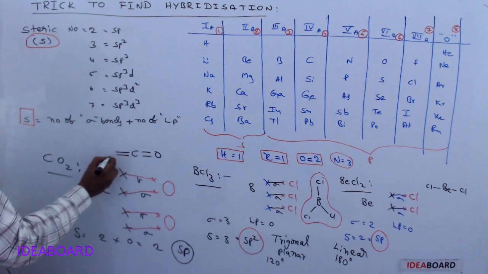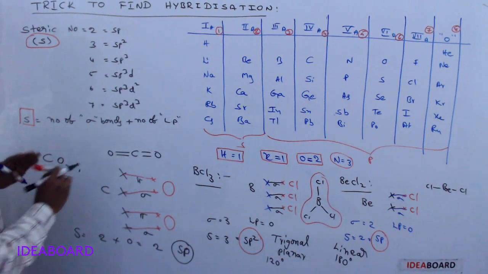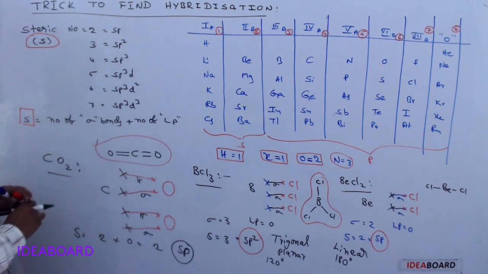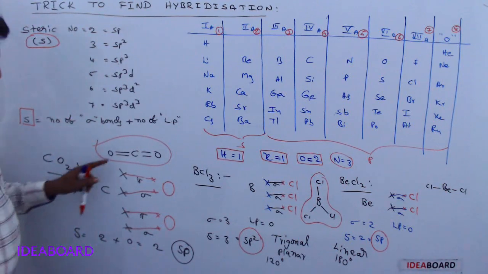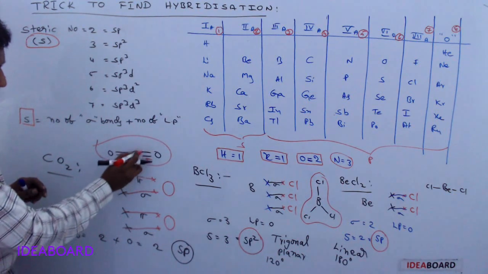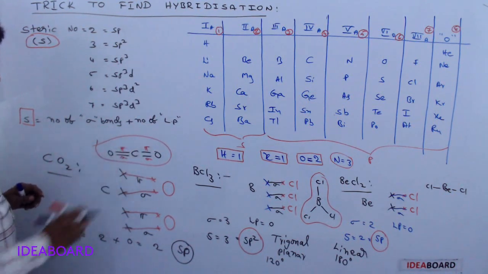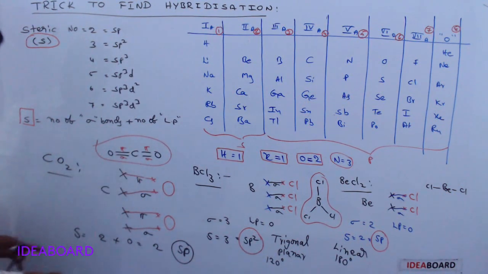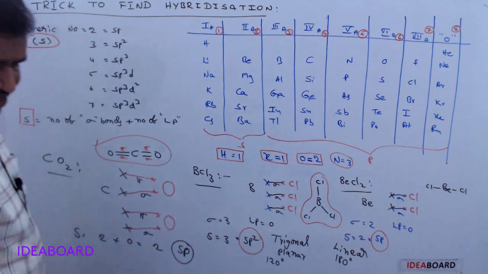This is the original structure of the CO2 molecule. Please remember, in this, this is a sigma bond, and this is a sigma bond, this is a pi bond, this is a pi bond. So, two sigma bonds are present. So, the steric number is 2, sp hybridization. The bond angle is 180 degrees. In this way, we can calculate.